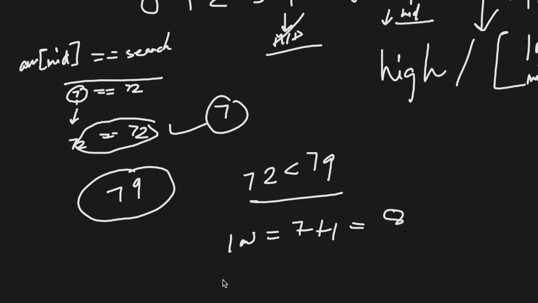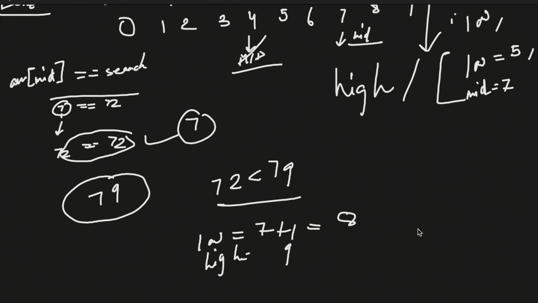And my high is as usual 9, and my mid would also be changed. 8 plus 9 equal to 17. So 17 divided by 2 equal to 8.5. So I precisely take 8 as my mid.